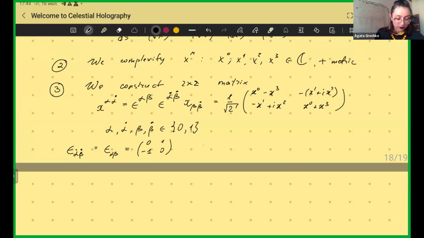So, for example, if we have some object with an upper index, we should apply the Levi-Civita on the right. And if we have some object with a lower index, to get an upper index, we need to apply the Levi-Civita on the left.